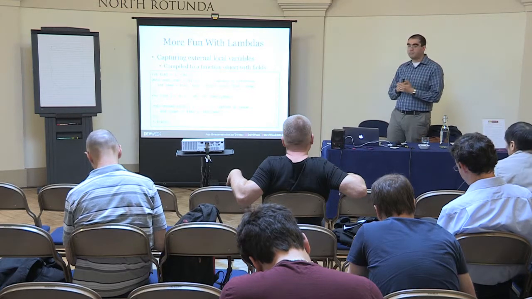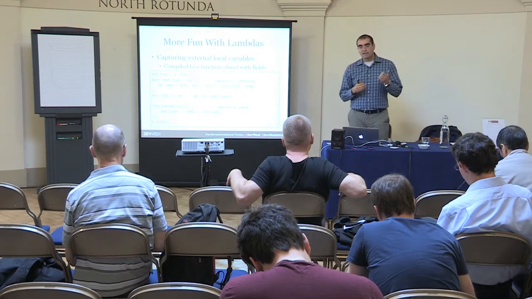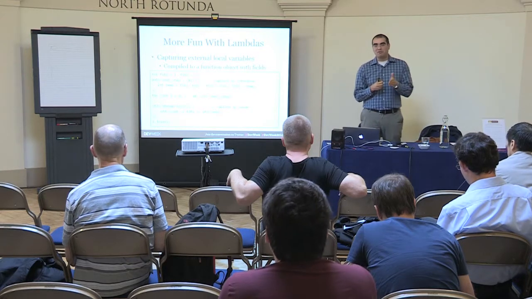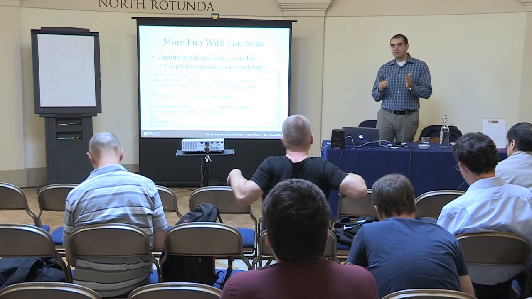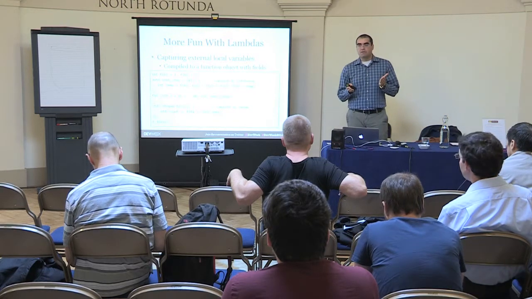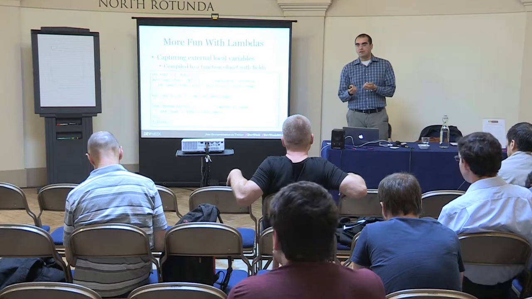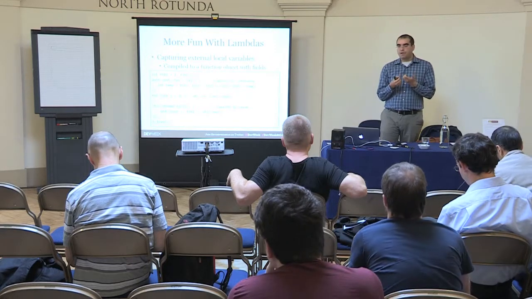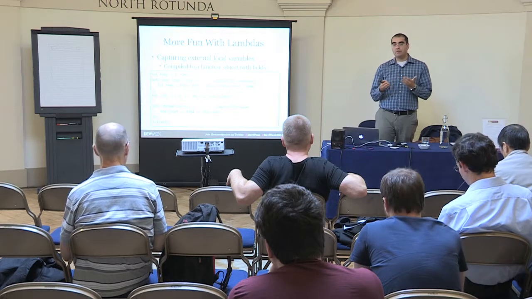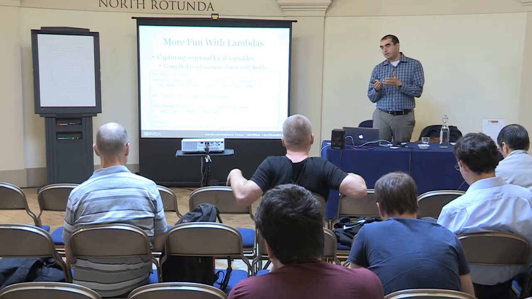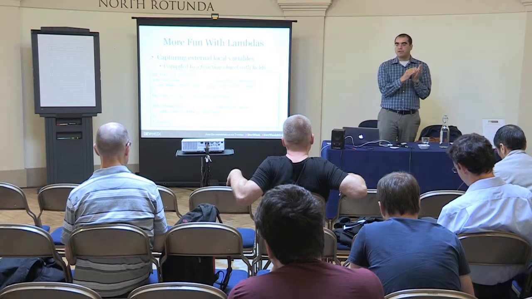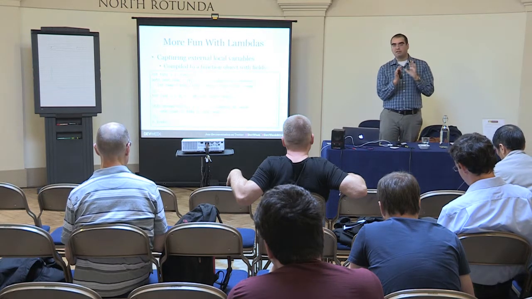And so I can mix and match as well, by the way. I can say, I want this variable to be captured by value, I want this variable to be captured by reference, so I can be really, really explicit about it. And again, as always with C++, the idea is performance. If you want to capture something by reference, you're not going to copy it, so you save a little time on copying. On the other hand, you can now use a lambda function to modify local variables from the enclosing scope, which could be a little dangerous.